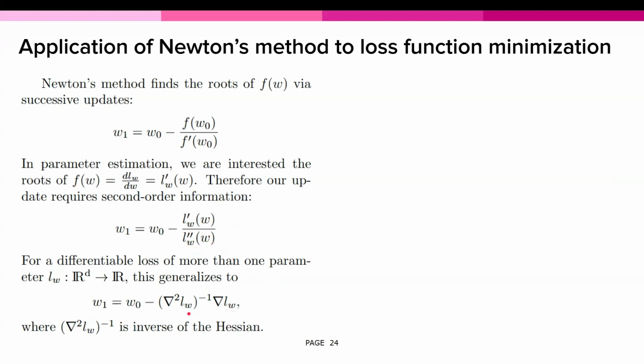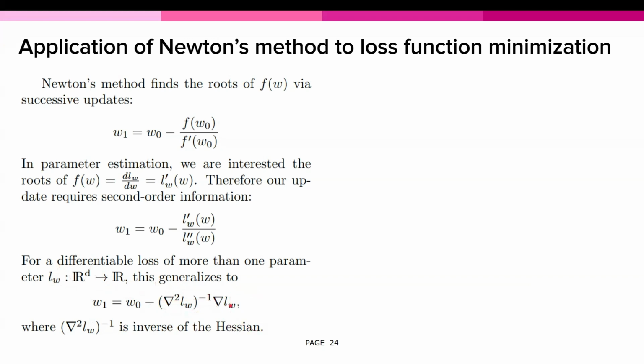And then to generalize this to functions of more than one variable, for example, when we're dealing with functions in R to the D, which we have been doing most often, we generalize this to the inverse of the matrix of second partial derivatives of the loss function. So this is the inverse of the Hessian matrix times the gradient of the loss.